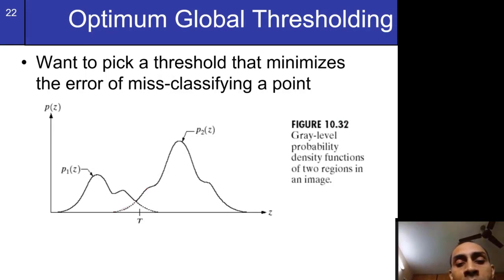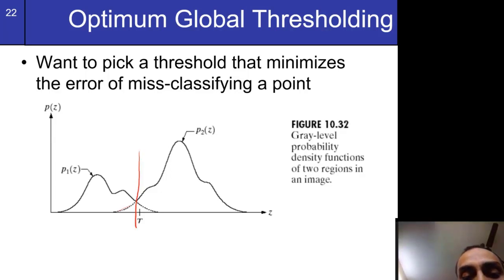But the problem happens when the distributions are not so well separated. They may merge at some point. In that case, even if you choose a threshold value lying in between them, like here, you will still end up misclassifying. These intensity values actually belong to class 1, but you will classify them into class 2.